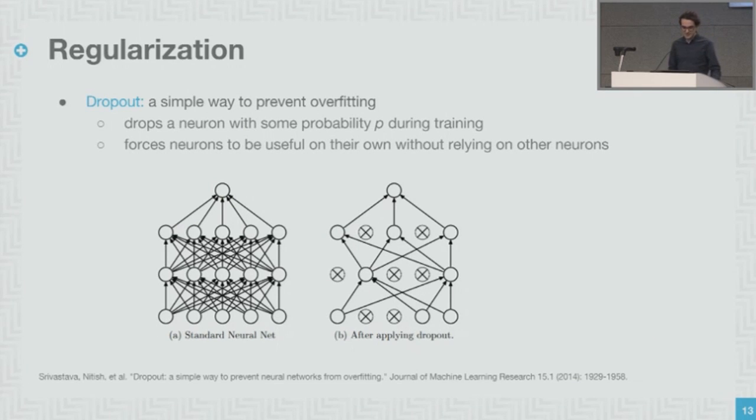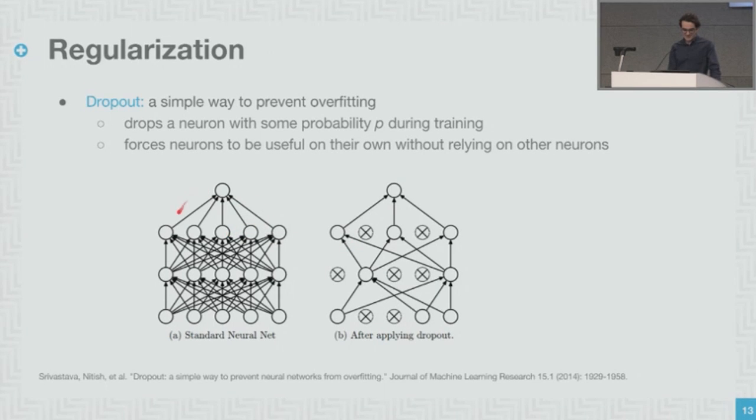Another way of dealing with this problem in artificial neural networks is to use a dropout layer, which basically drops a neuron with some probability p during training. It randomly drops neurons during training, so it's essentially reducing the number of parameters during training, but during the test, we'll have the entire neural network.